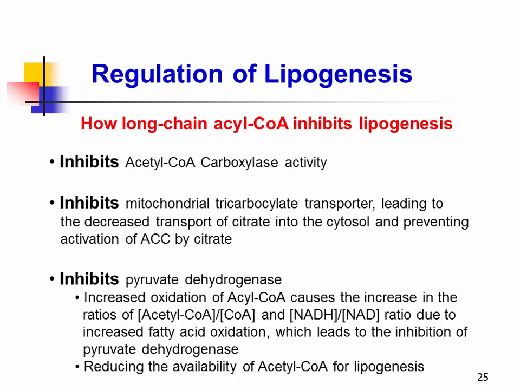So here is the slide. I just wanted to explain in a little more detail how long-chain acyl-CoA inhibits lipogenesis. When we have a high-fat diet, we have higher levels of long-chain acyl-CoA in the circulation. So how do high levels of long-chain acyl-CoA inhibit lipogenesis? Here are a couple of reasons.